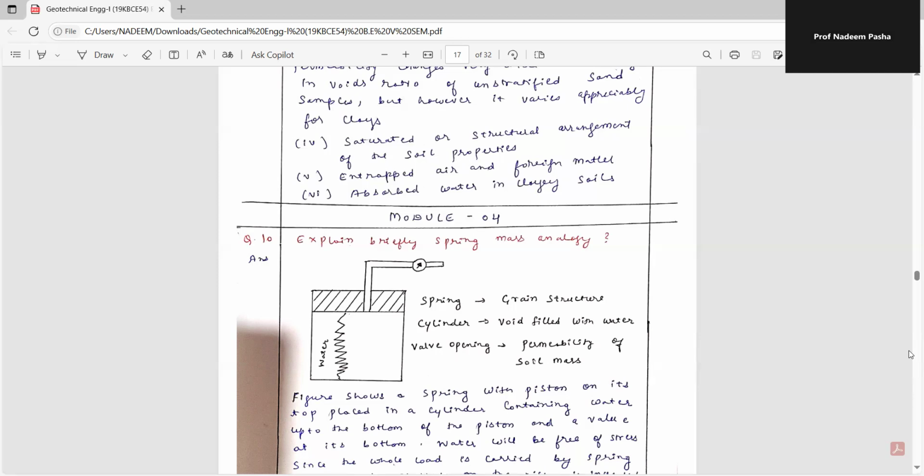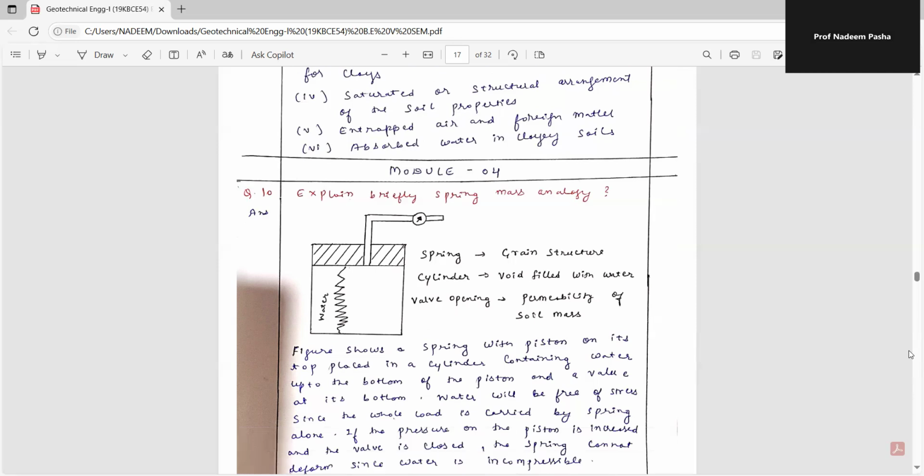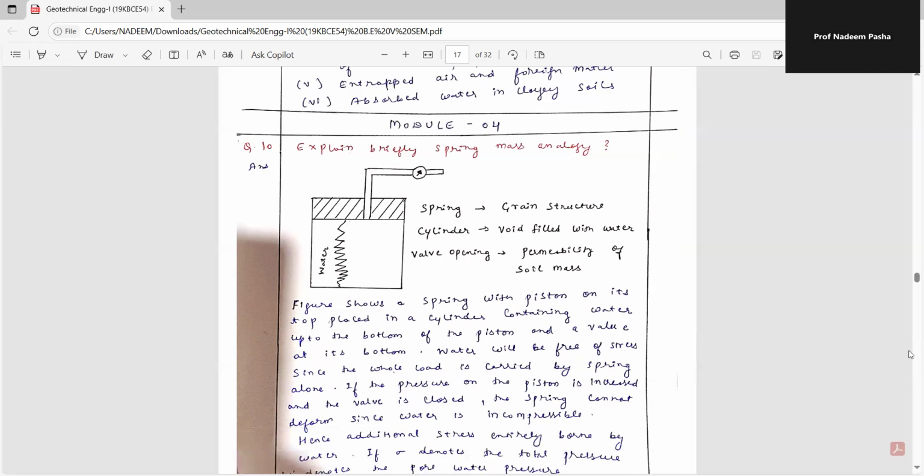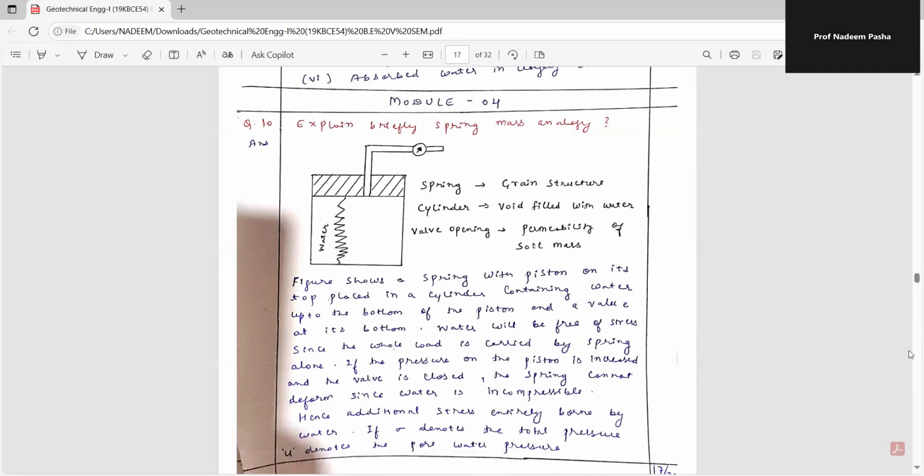Water will be free of stress since the whole load is carried by the spring alone. If the pressure on the piston is increased and the valve is closed, the spring cannot deform since water is incompressible. Hence, the additional stress is entirely borne by water. If sigma denotes the total pressure, U denotes the pore water pressure.